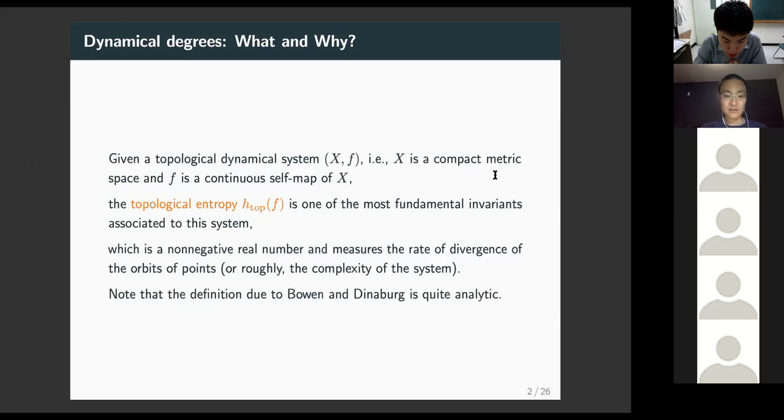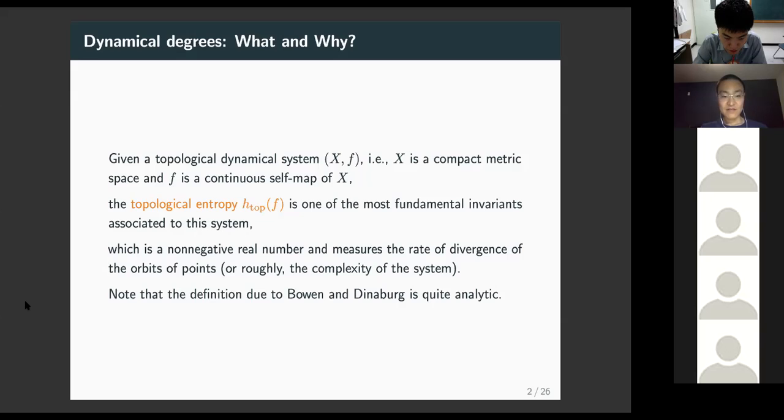Then there is almost the most fundamental invariant associated with this system, the so-called topological entropy, denoted by h_top(f). This is a non-negative real number, which is used to measure the rate of divergence of the orbits of points. Roughly speaking, that's the complexity of this system.